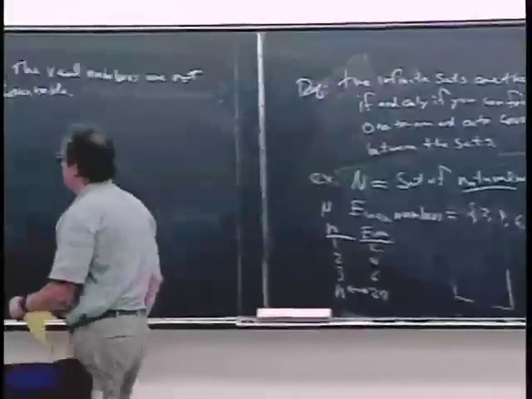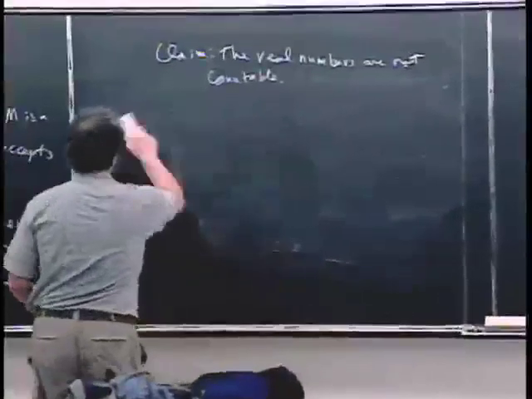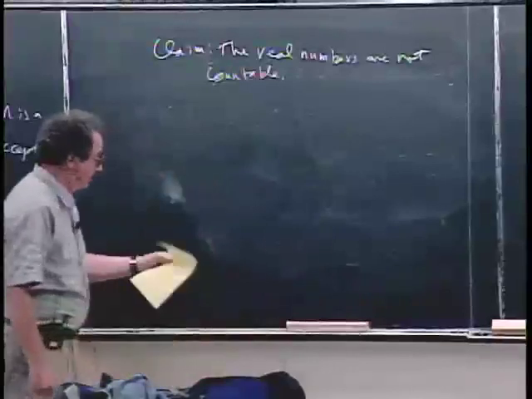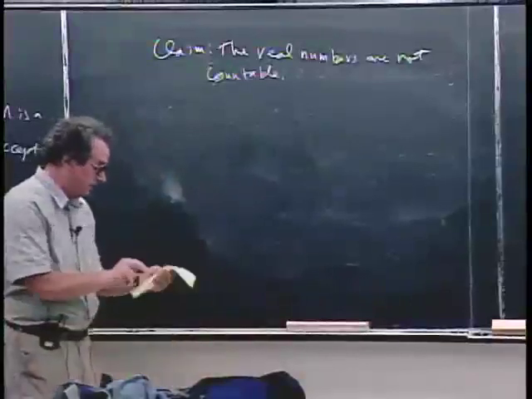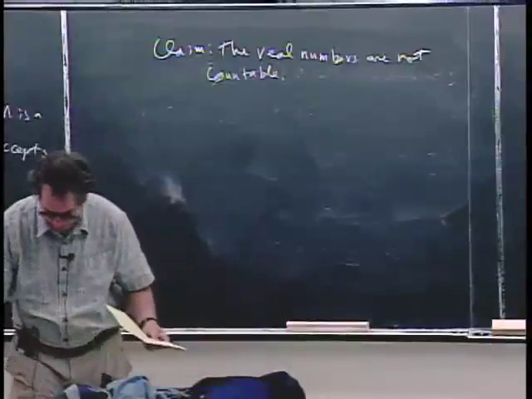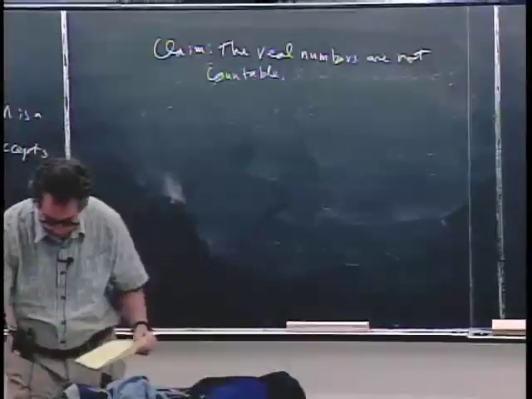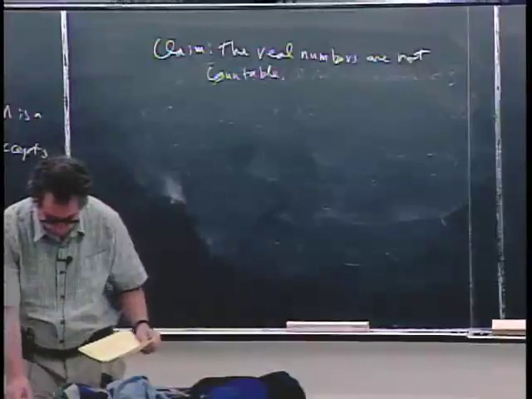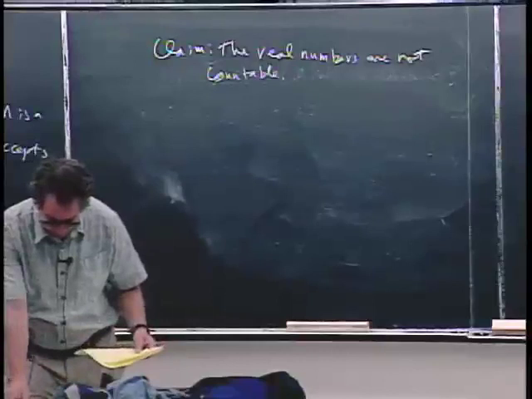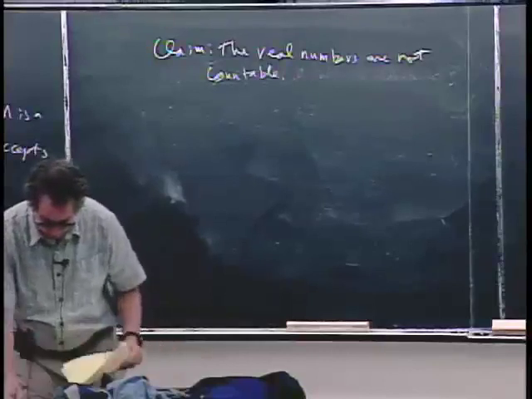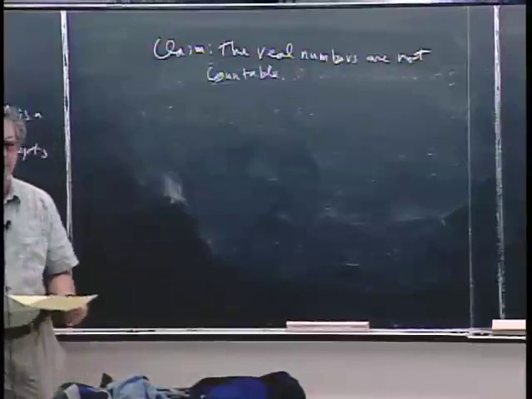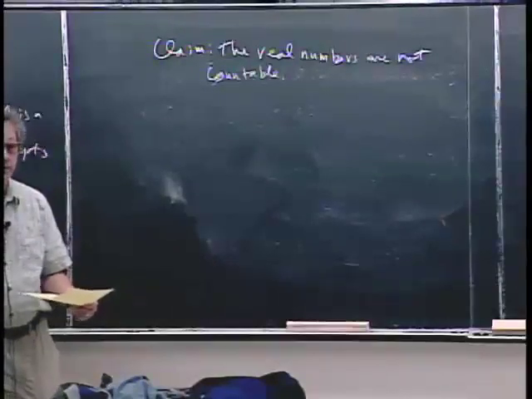The key point that I want to say about the reals, but actually it's also true for the rationals, is that if you write them out in decimal, they have numbers that include an infinite number of digits.